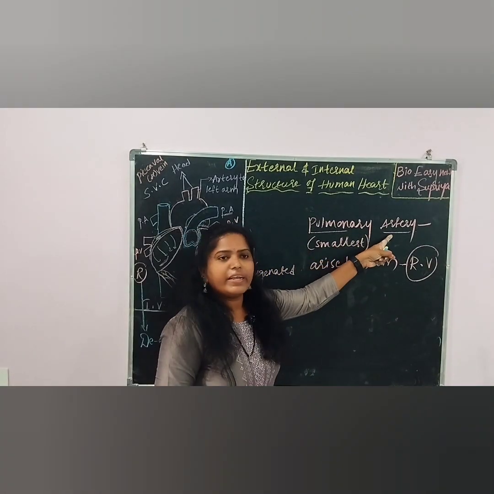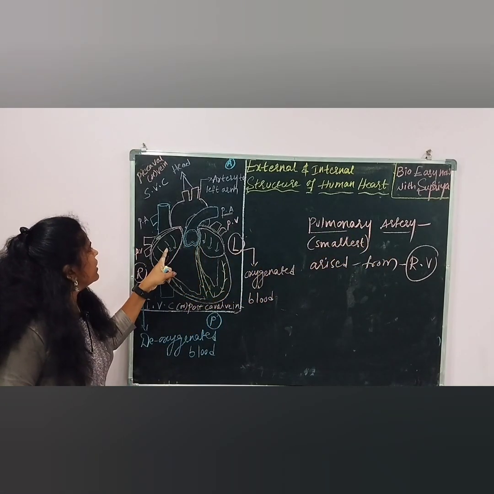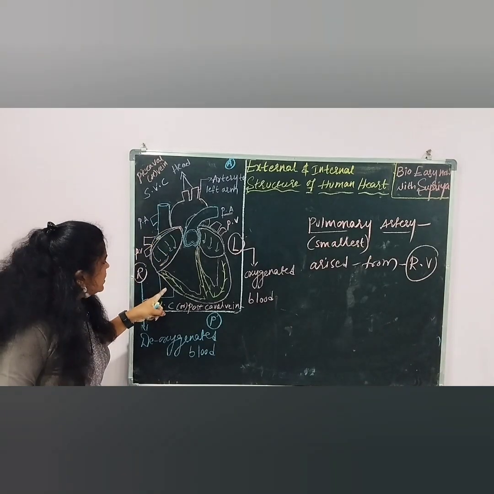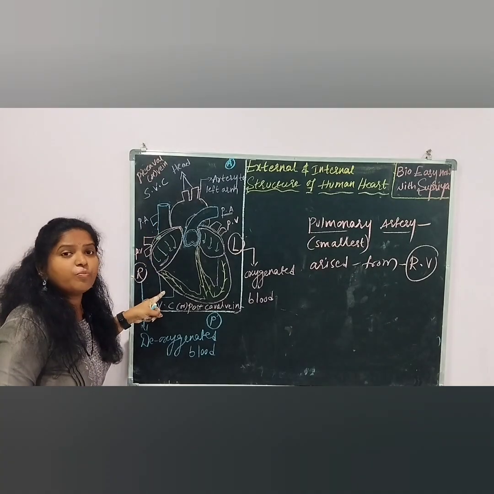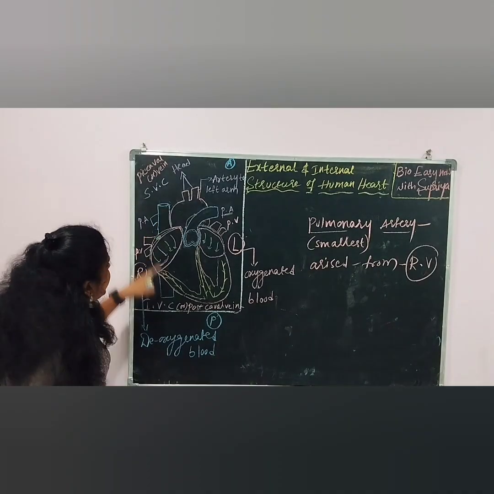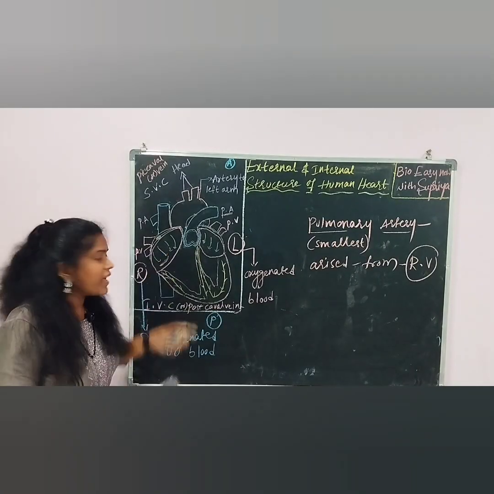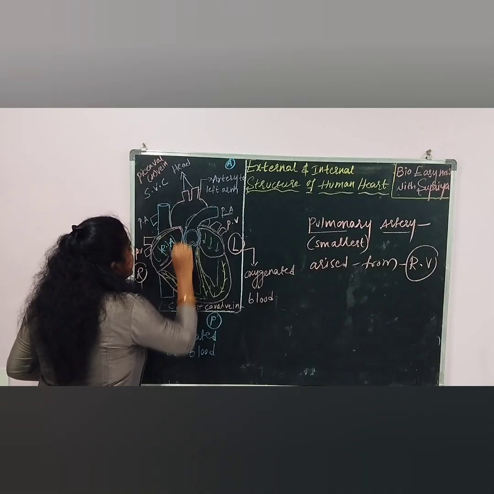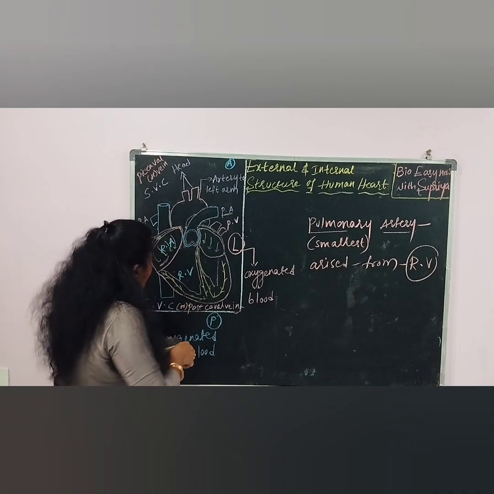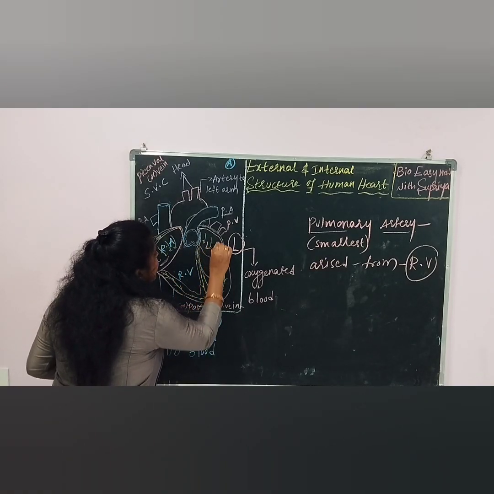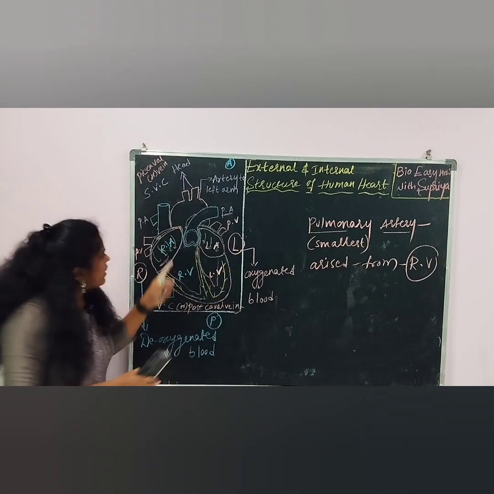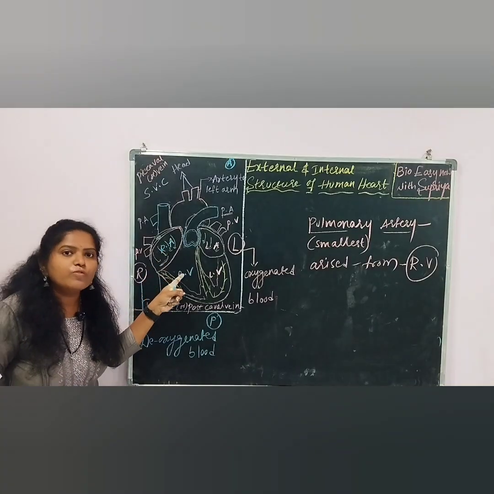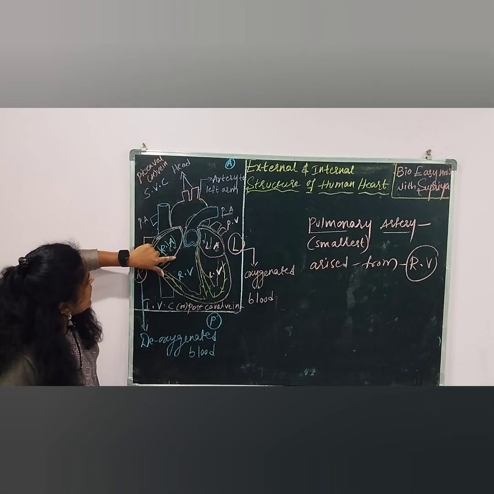The vena cavas collect deoxygenated blood from the body. That deoxygenated blood enters into the right atria, and from the right atria to the right ventricle, this blood moves down through the openings.